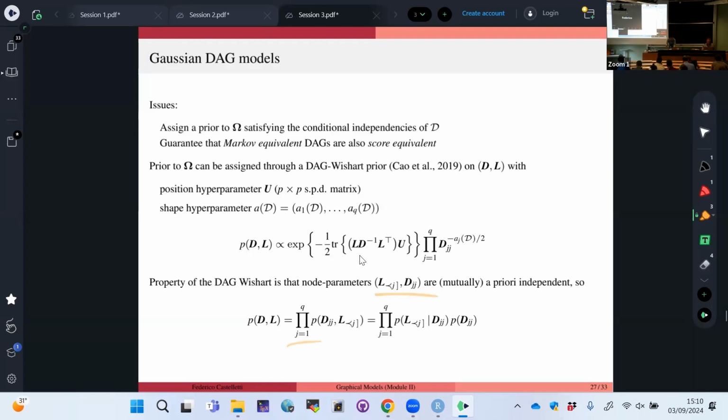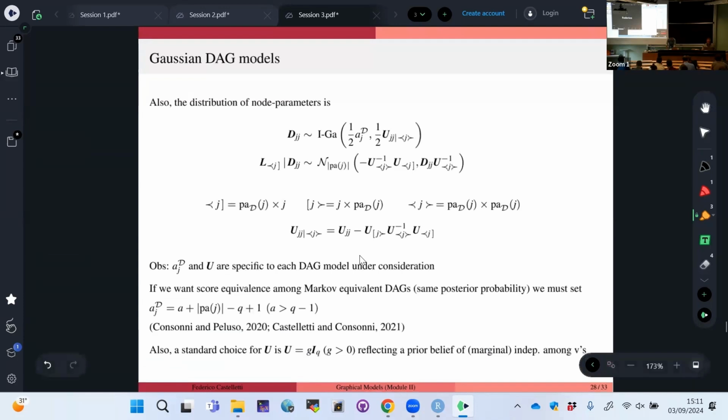Okay? And the nice thing is that the induced prior on Lj and Djj is a normal inverse gamma prior. Okay? So the elements of Lj are jointly multivariate normal distributed with some mean vector and covariance matrix, while the element Djj has an inverse gamma distribution, okay?